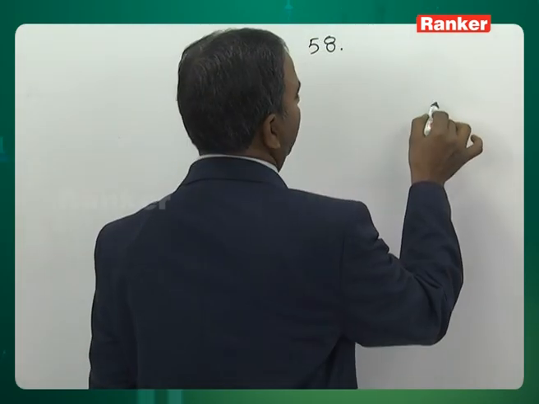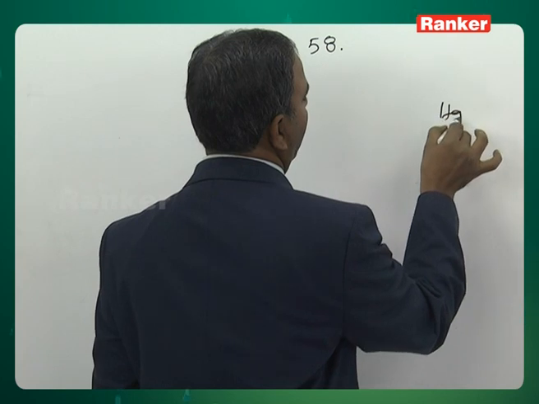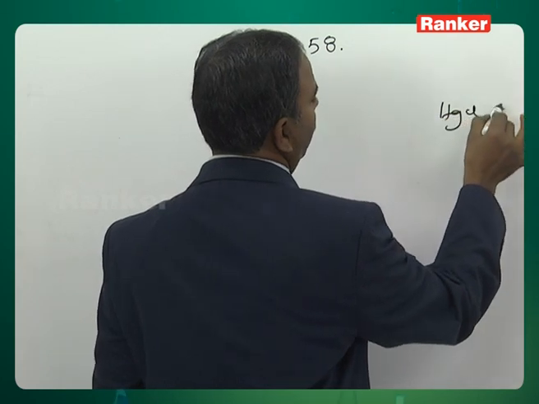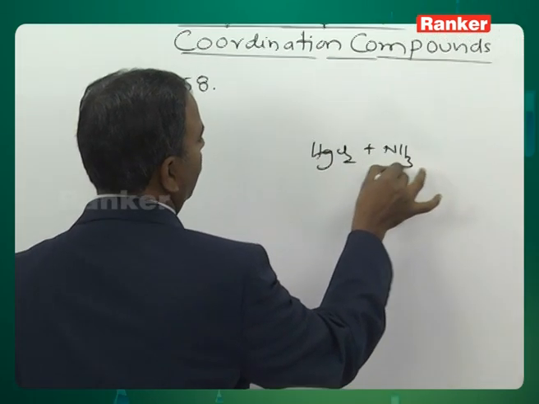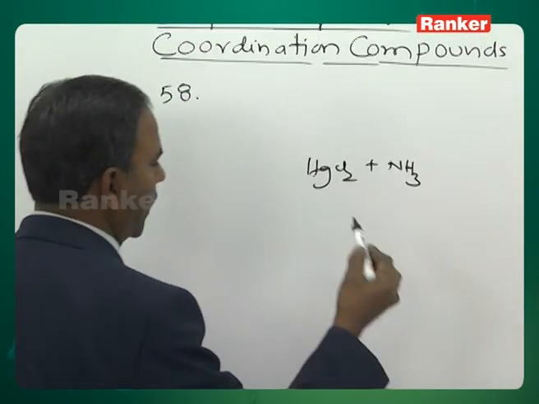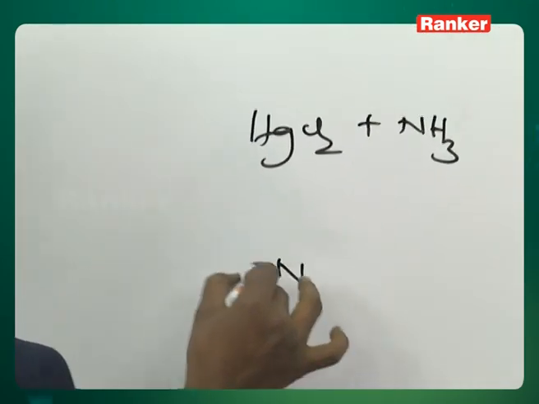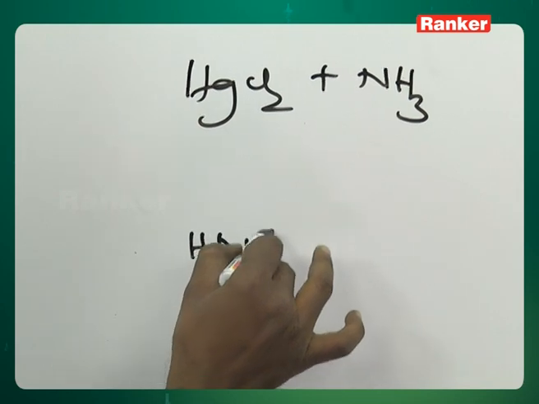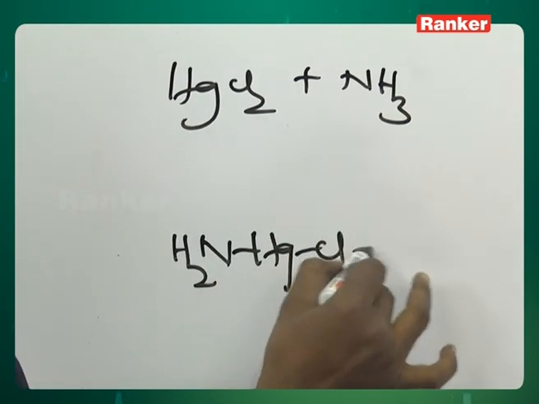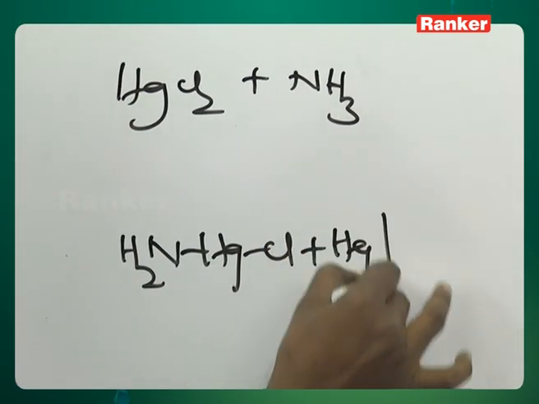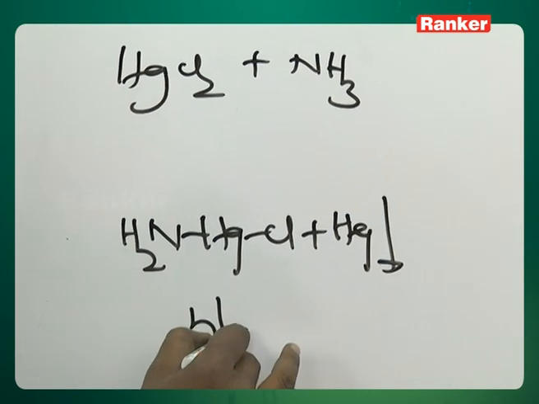Mercurous chloride on treating with ammonia or ammonium hydroxide gives a black precipitate, NH2HgCl plus Hg. This is the black precipitate you are getting.